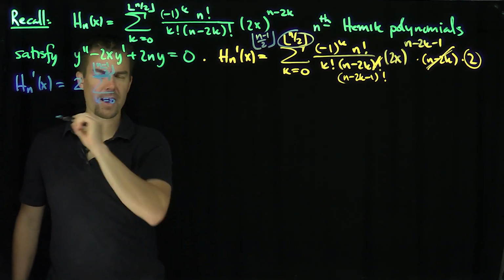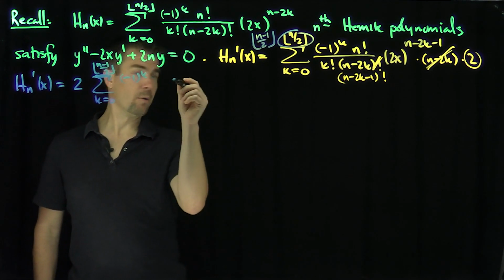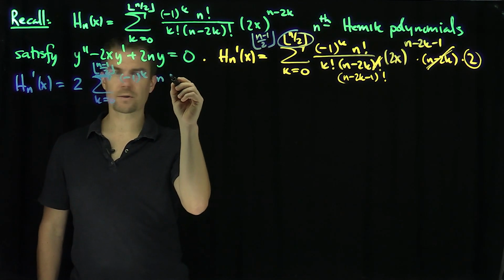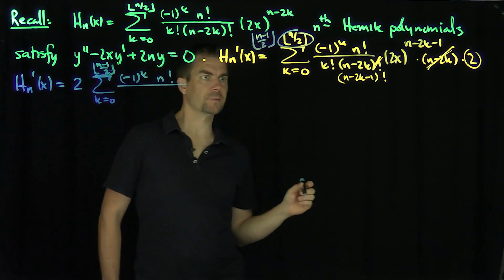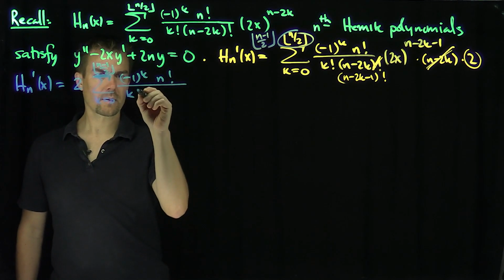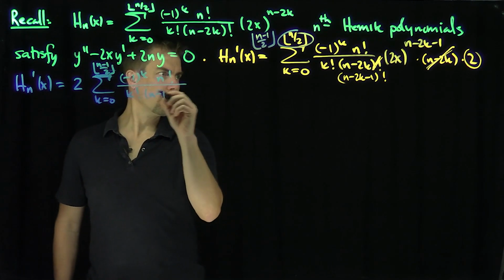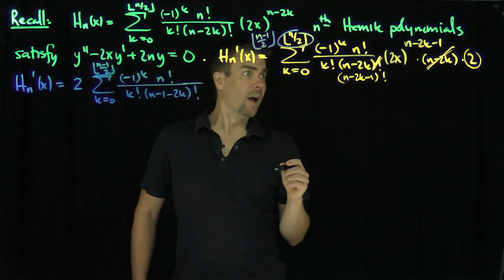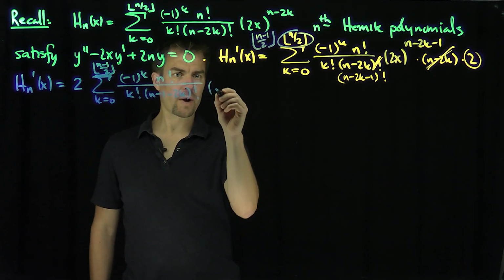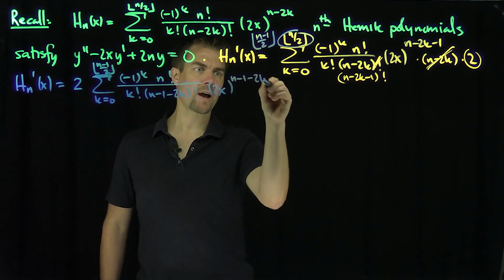Then (-1)^k, n!, divided by k! (n-1-2k)!, and then (2x)^(n-1-2k).